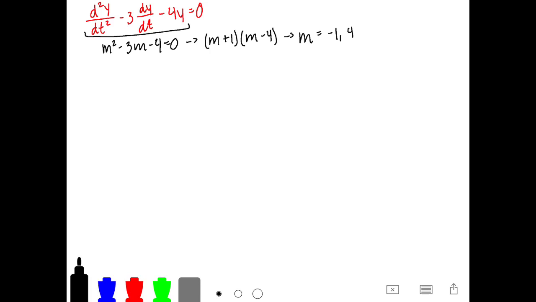Now we will use the equation y equals C1 times e to the t m1 plus C2 times e to the t m2.